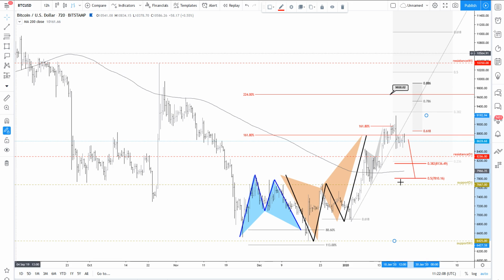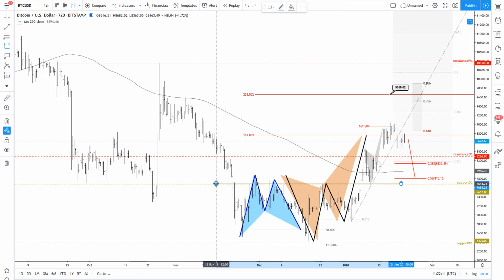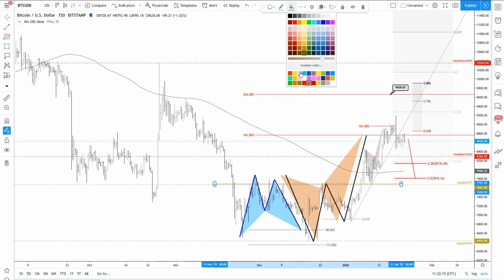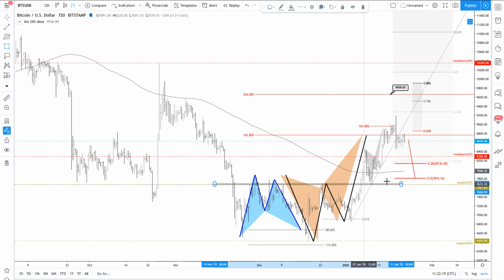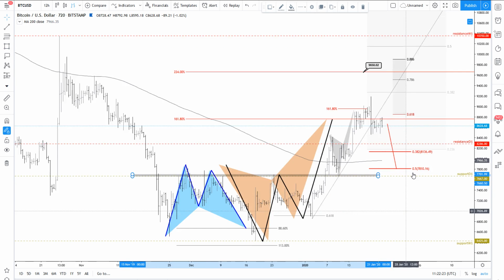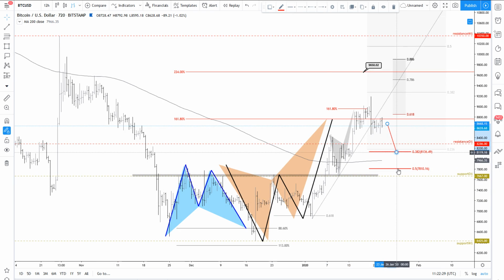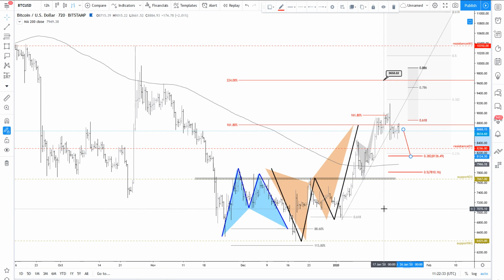fractal and the previous structure high. So I believe the market will retest, or at least based on the default expectation for the pattern, we can expect one of those, or if not both targets to be reached, at least the 38% fib, and then later a second target at the golden fib.